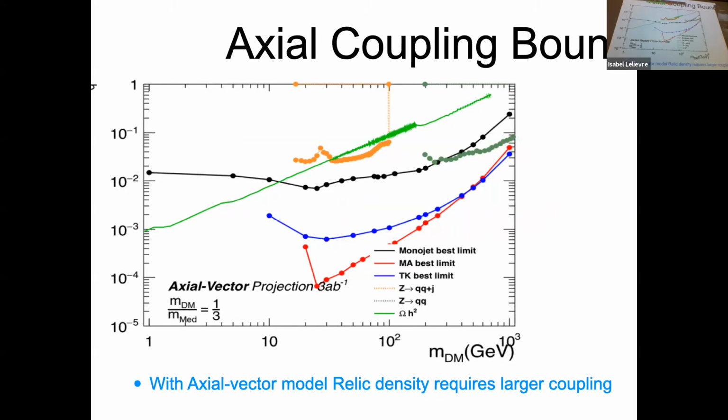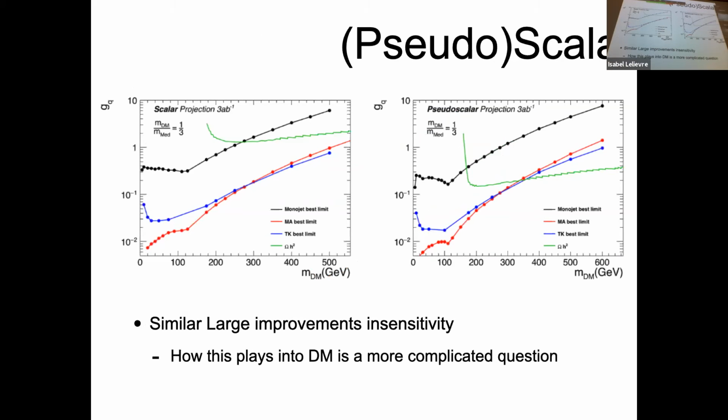We can do this for all of the mediators we want. Here are the axial vector bounds, which are basically the same. Here are the scalar and pseudoscalar bounds, varying the dark matter mass. Here's your relic line, which is very large in coupling, and the black line is the monojet analysis. If we have a displaced particle, we can reduce the sensitivity by an order of magnitude.